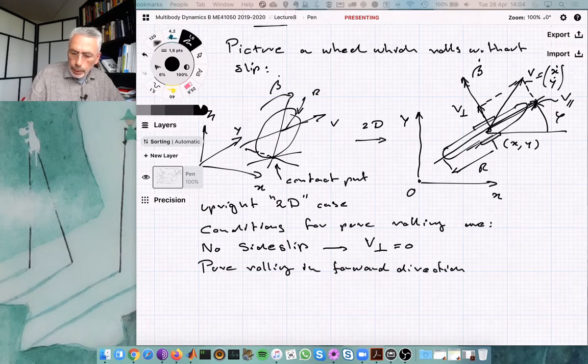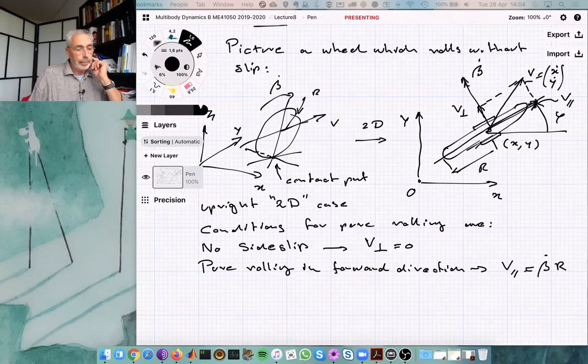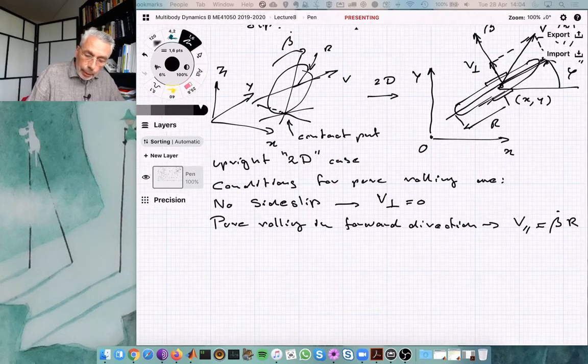And if we want that, then this forward speed should be equal to beta dot, the angular speed, times the radius, r. So these are actually, in fact, two conditions. But note that these are two conditions on the velocities.